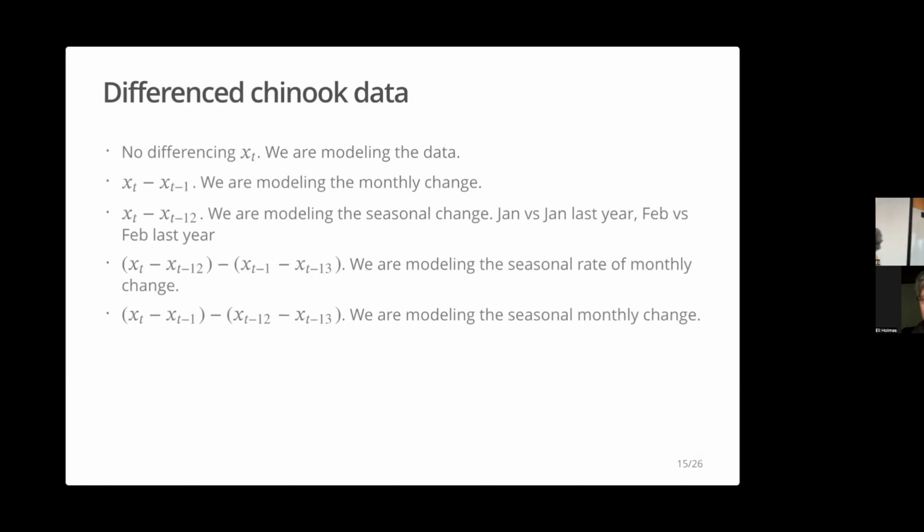So this is January versus last January, and this is February versus last February. And then we're saying, how is that changing? We're taking how the January to January is different from the February to February, and we're going to model that difference. Those are the three kind of classic differencing that we're going to run into in seasonal models.